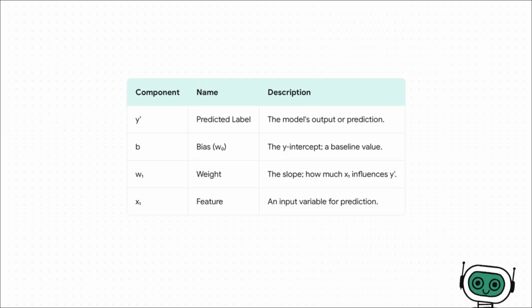Let's break it down really quick. Y prime is our prediction. X1 is our input feature, like the size of a house. W1 is the weight, which is just the slope of the line. It tells us how much the prediction changes when the feature changes. And b is the bias, which is our y-intercept, a baseline value. So learning the model just means finding the best possible numbers for b and w1.